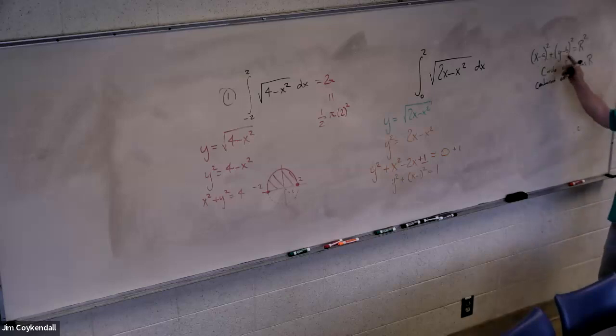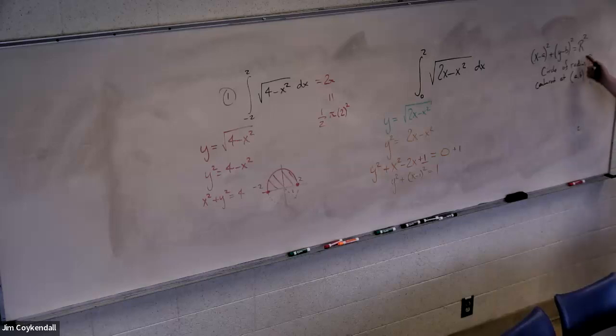Right, notice when a and b are both 0, you get x squared plus y squared equals r squared. You all have seen this at some point or another in your travels.